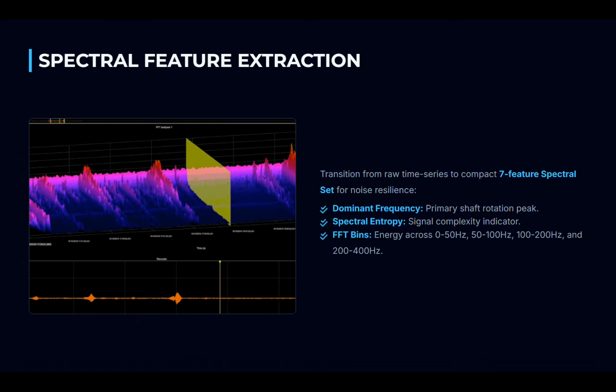The spectral feature extraction is crucial here in minimizing the model size, because instead of feeding 4,000 raw vibration samples into the model, I first summarized each signal using frequency-based features. That told me where the vibration energy is concentrated and how the vibration pattern is distributed across these frequencies.